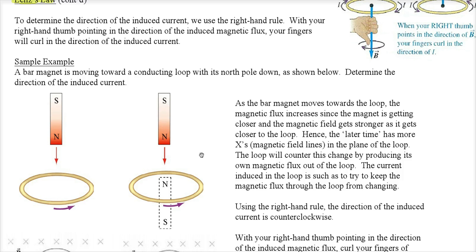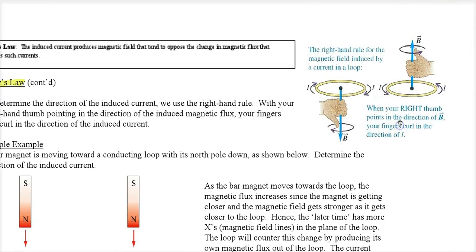With the induced magnetic field, there'll be an induced current, and the direction of the induced current is determined using Lenz's law. In this case, I prefer to use the right-hand rule, in which my fingers curl in the direction of the current, and my thumb points in the direction of the induced field.